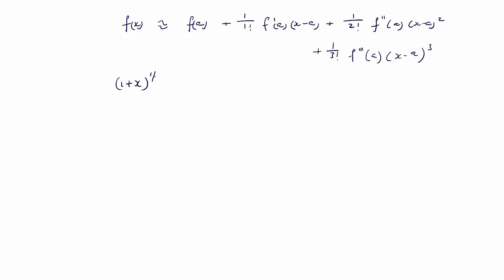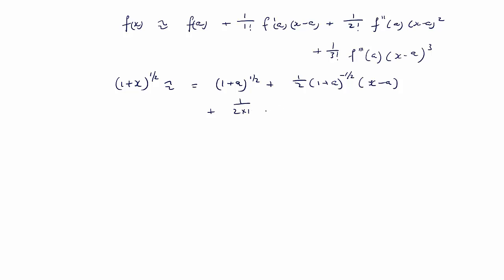We have our third order Taylor polynomial there, so we can evaluate our function (1 plus x) to the half is approximately equal to (1 plus a) to the half plus 1 on 1 factorial, which is just 1, and we had our first derivative was a half (1 plus a) to the minus 1/2 times (x minus a), plus 1 on 2 factorial, 2 times 1.